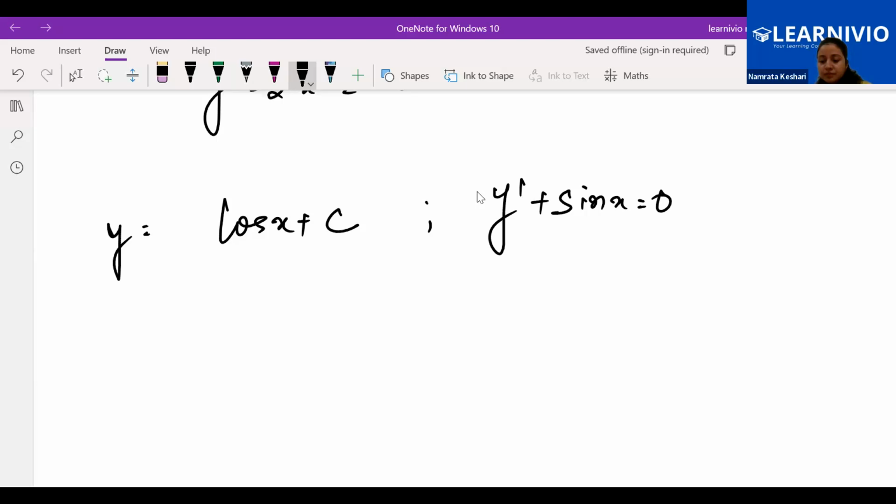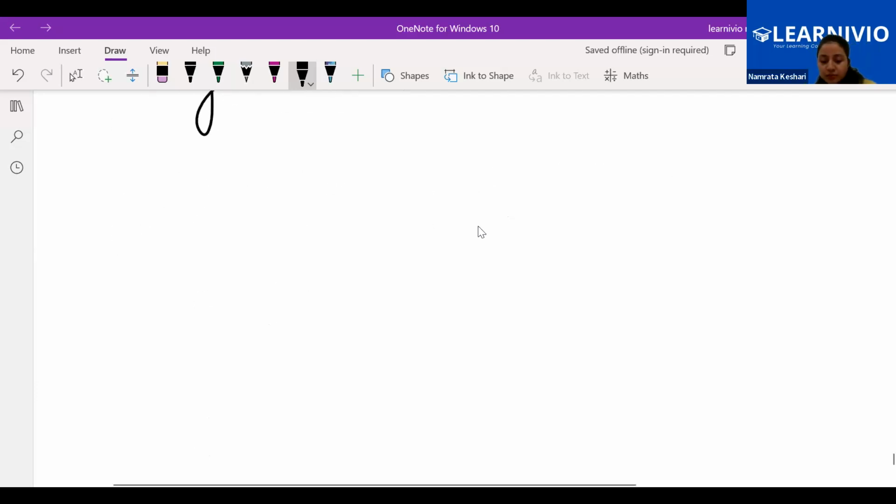Yes, ma'am, it's 0. Y dash is minus sin x. So y dash plus sin x is minus sin x plus sin x, which is 0. Exactly. Let's do the next one.